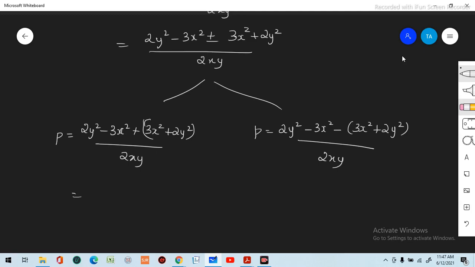Now solve further. What do we get? 2y² minus 3x², here I have 3x² plus 2y², whole divided by 2xy. What can be cancelled over here? 3x² and 3x².